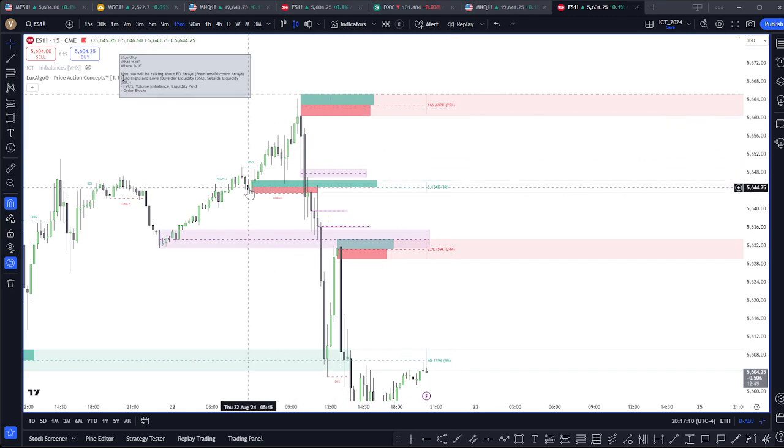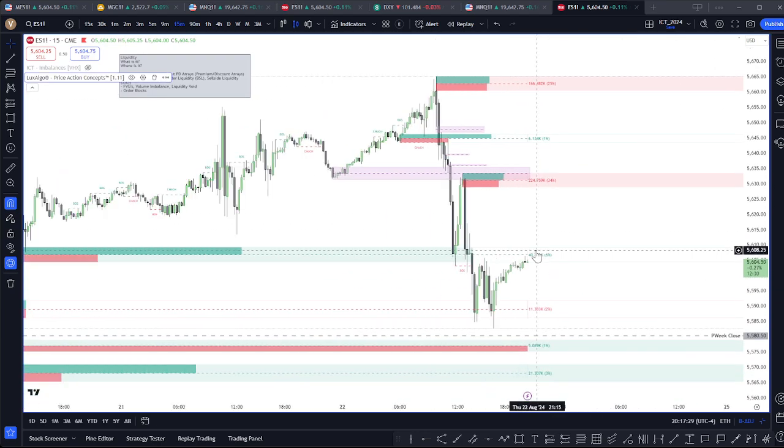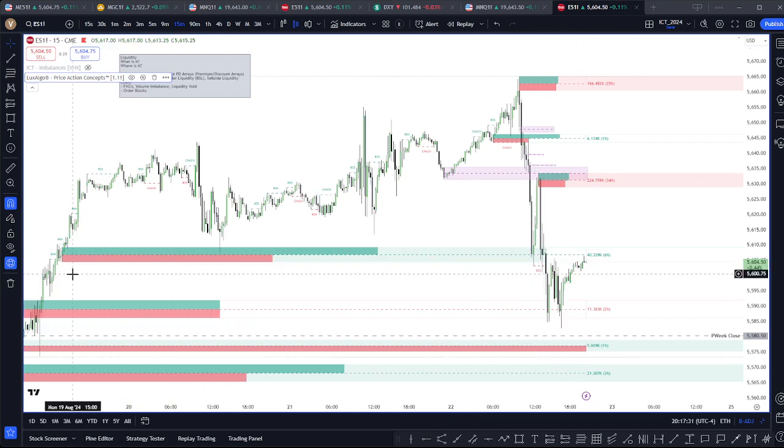There, this small one here also is essentially a mitigation block, 6.134K orders. Here again near the breaker block, 224K orders. This was an old mitigation block.